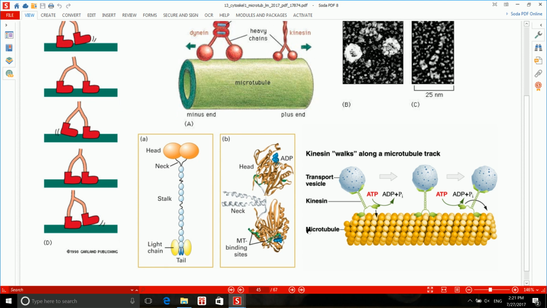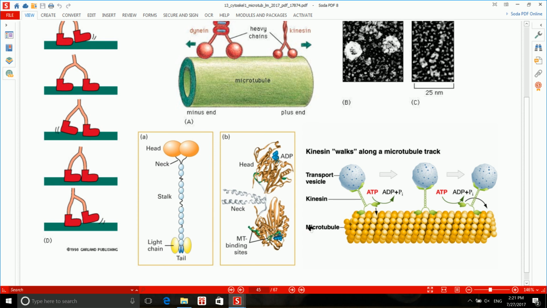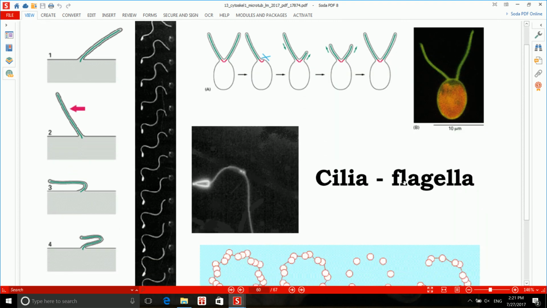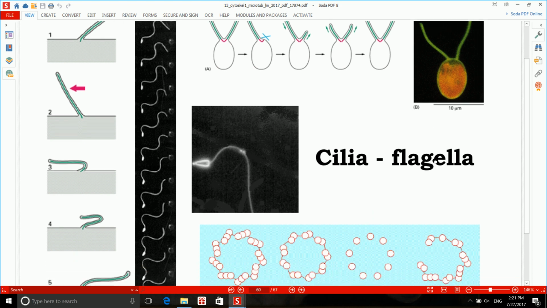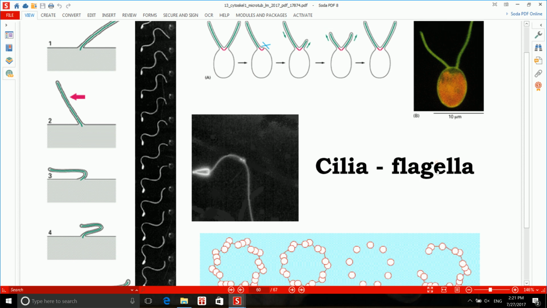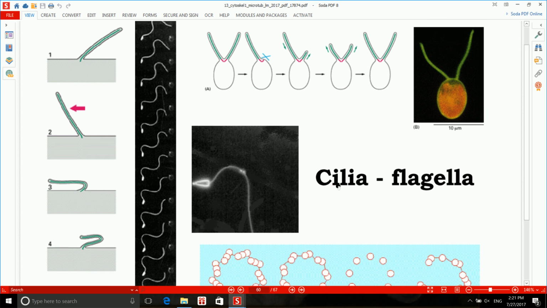One more thing about this lecture in specific is that you basically need to know that cilia and flagella are formed by microtubules. Now, we can find flagella in, for example, sperm, the tail of the sperm, and cilia we can find in, I don't exactly remember, but I think esophagus.